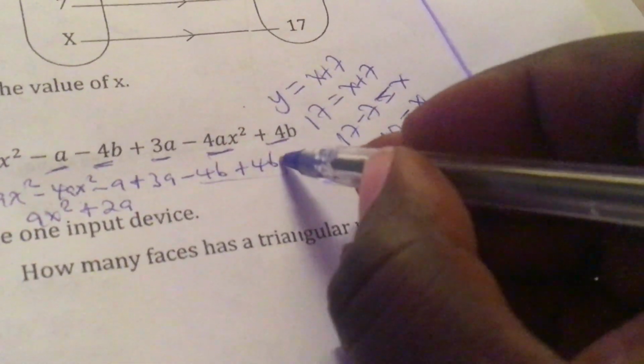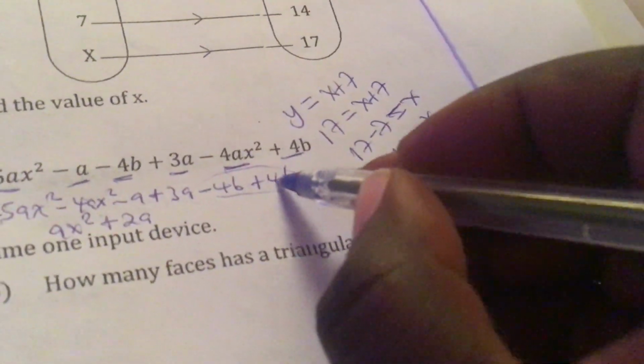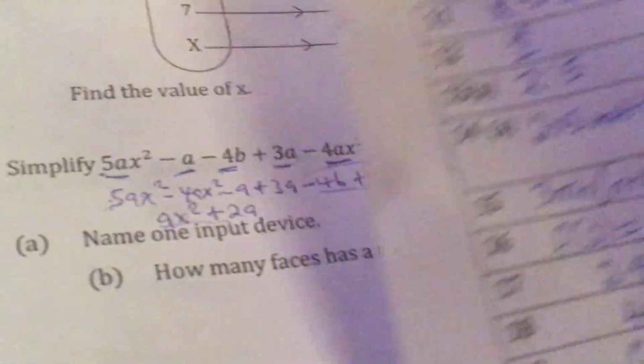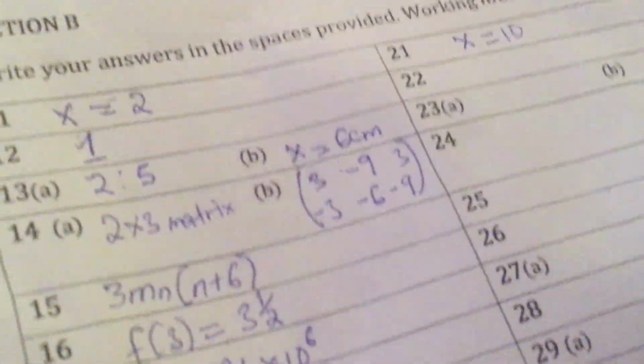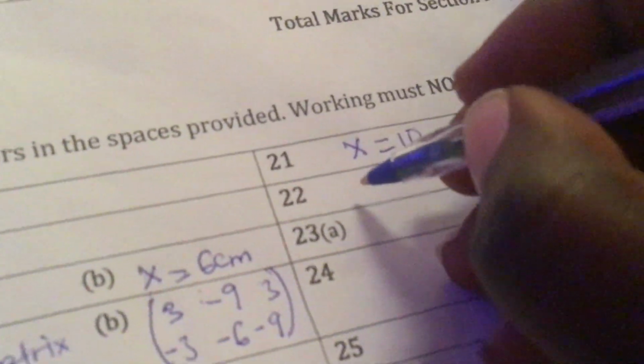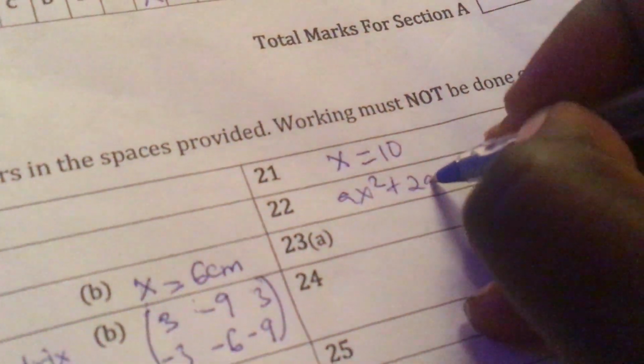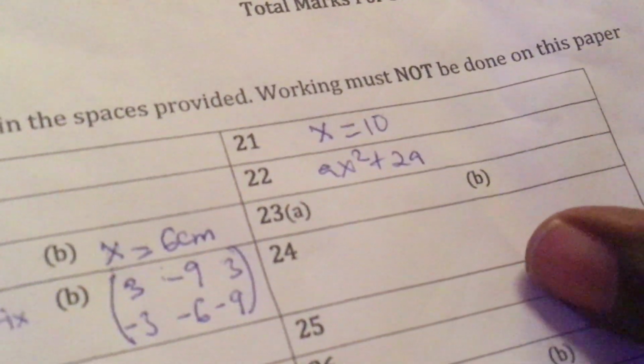Here, the answer is going to be 2a. And when you add these two here, you're going to have a 0. So this becomes my final answer. So indicate here that my answer is ax squared plus 2a.